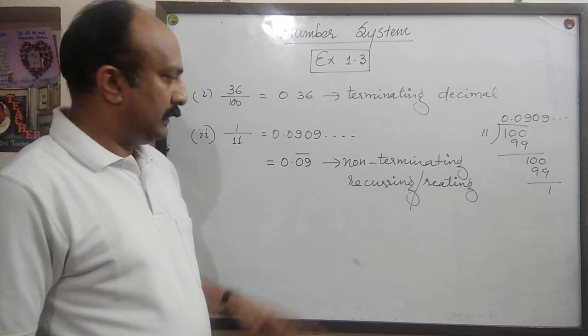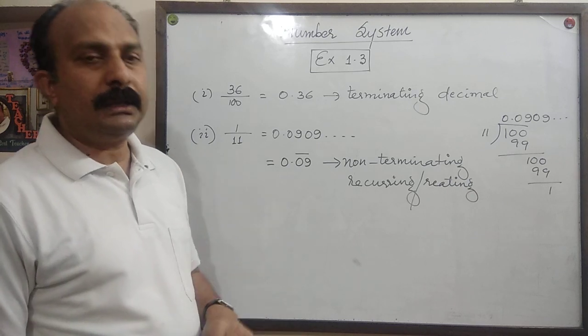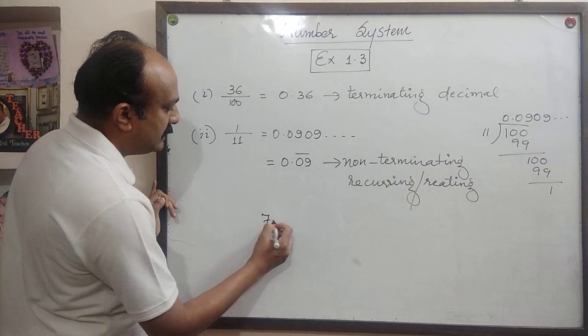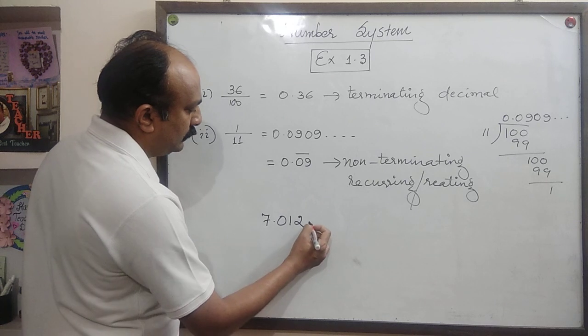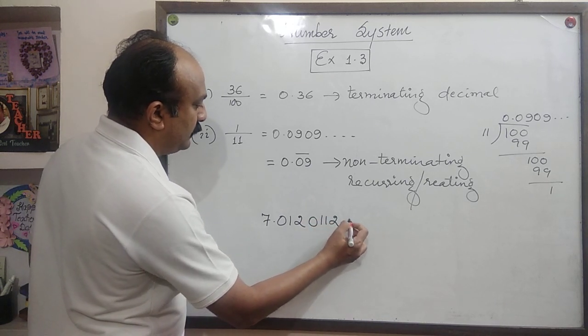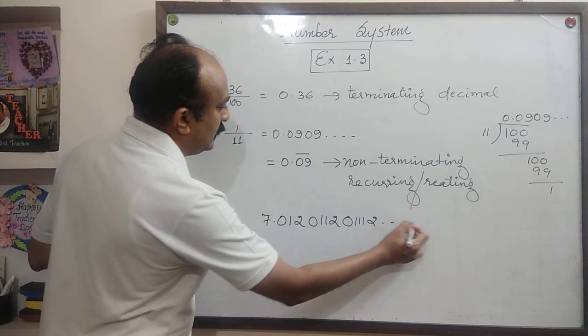I am going to show you a number which is non-terminating non-recurring. For example, 7.0112 dash dash dash.